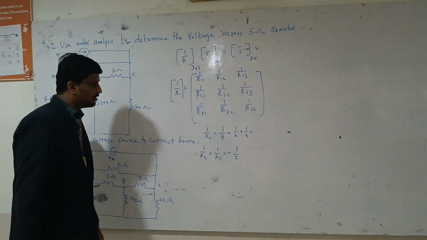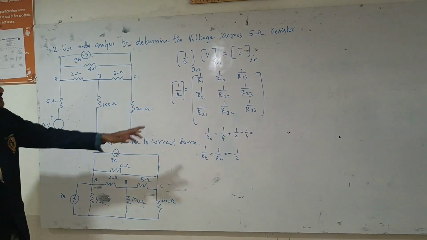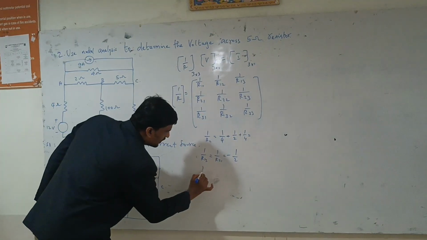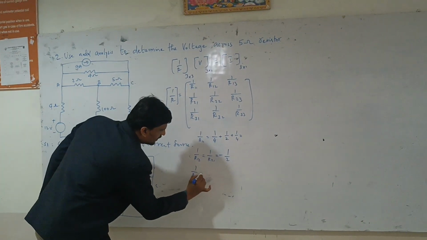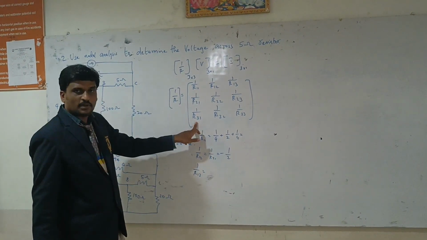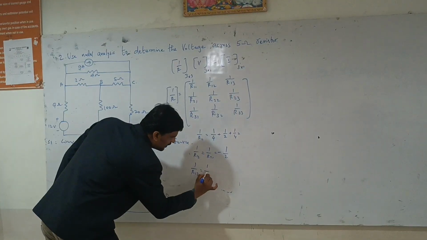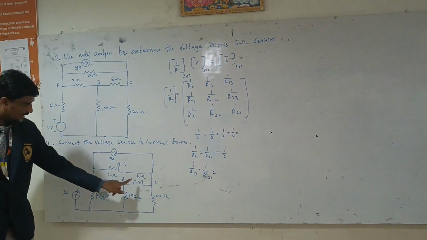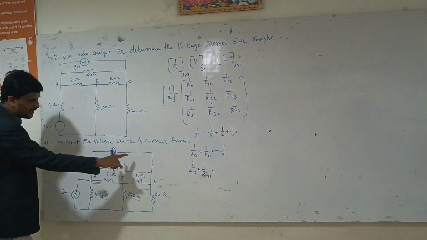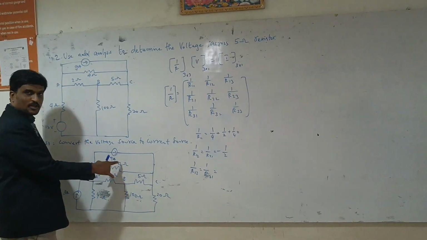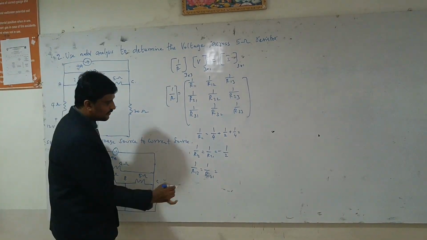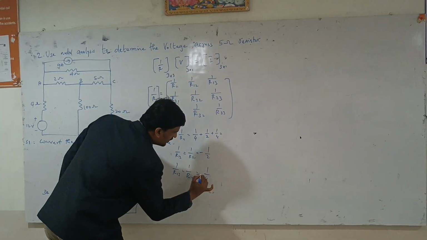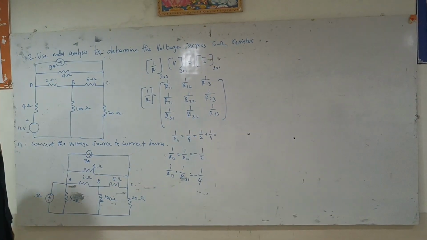We have to take this value as negative. The next R13. So 1 by R13, which is equal to 1 by R31. Between node 1 and node 3, we have a connection here in the top, which is connected by a 4 ohm resistor. Therefore it is 1 by 4. We take this value as minus.